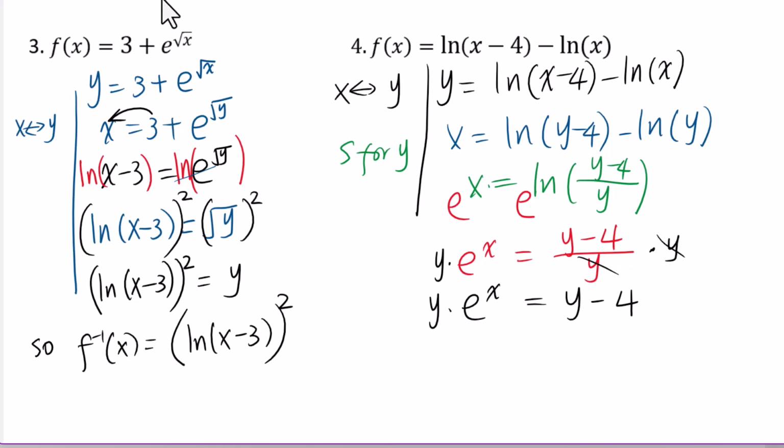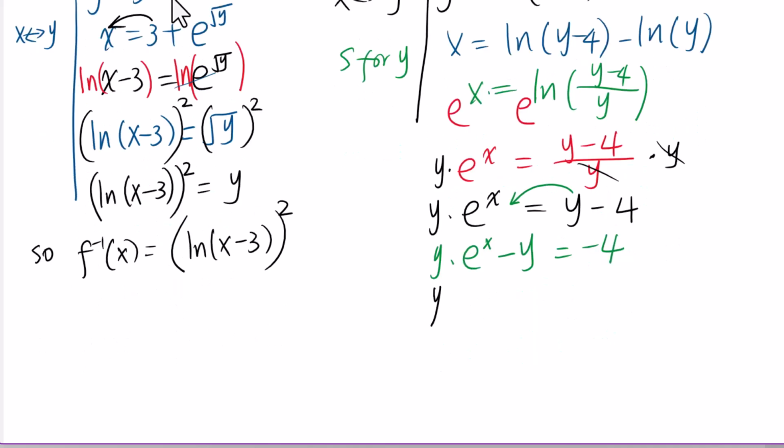This is a linear equation. We need to isolate a variable on one side. Y times e to the x power minus y equals negative 4. We take y outside. y times e to the x power minus 1 equals negative 4.